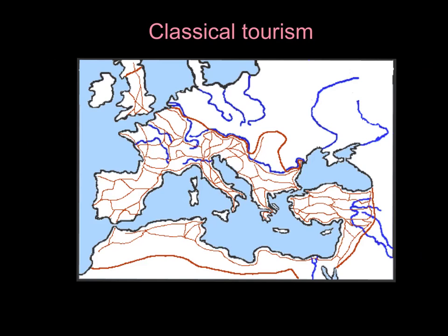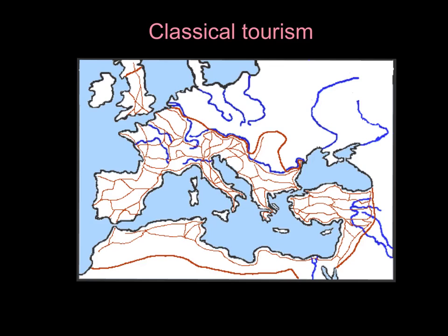So Romans were well known for their well-developed road network, and you can see here all the red lines are the roads which the Romans developed during this time period, and the saying that all roads lead to Rome came from this road network, because as you can see, you could follow any of these road networks and eventually you would make your way down to Rome.